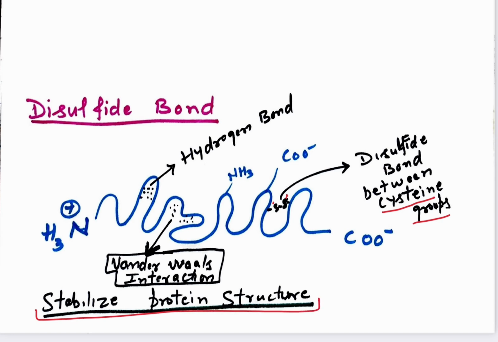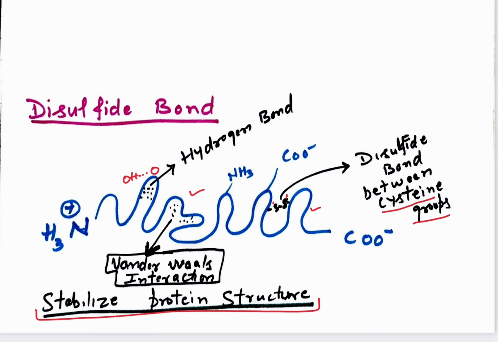And there are other bonds that form between elements like OH and oxygen. Those groups are attached to different amino acids, which are part of this big protein. And this is the structure of a protein right here.